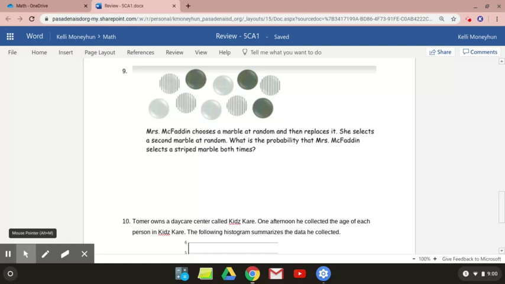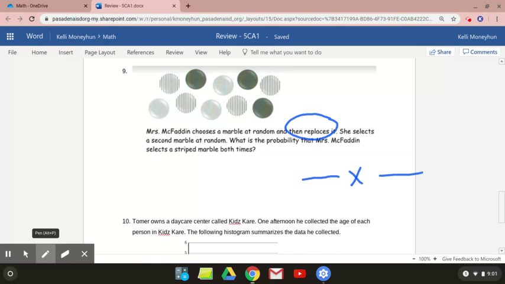All right. Number 9 says Miss McFadden chooses a marble at random and then replaces it. She selects a second marble at random. Okay. The important thing here is that she is replacing it. So my total in these two separate probabilities are going to stay the same.